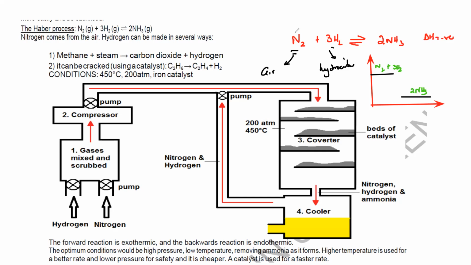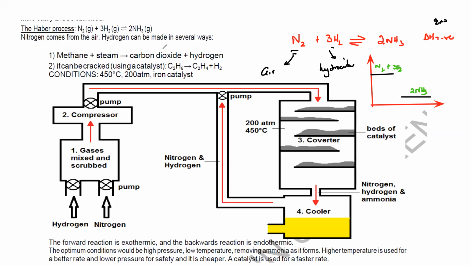So, nitrogen combined with hydrogen forms ammonia, where the forward reaction is exothermic, releasing heat energy. Nitrogen comes from the air by fractional distillation. And for hydrogen, there are several ways. Some of them are listed, like if methane reacts with steam, it gives carbon dioxide and hydrogen.